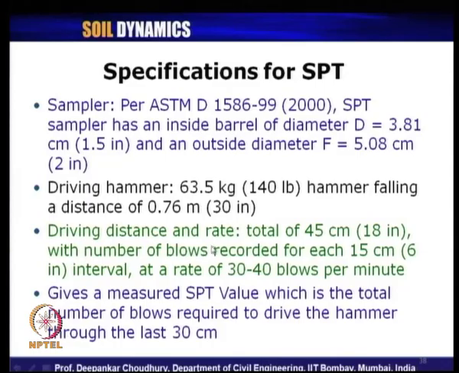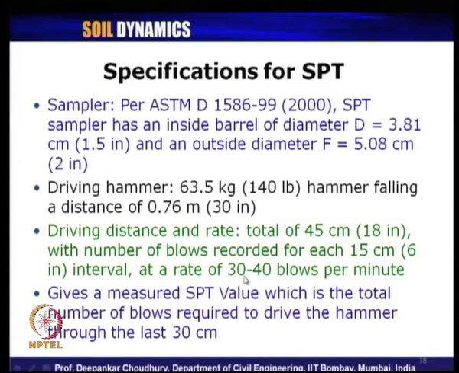For driving distance and rate, a total of 45 centimeter should be penetrated, which is about 18 inches, with the number of blows recorded for each of the 15 centimeters. So, this 45 centimeter is subdivided into 3 segments of 15, 15, 15 centimeters, that is 6 inches each, at the rate of 30 to 40 blows per minute.